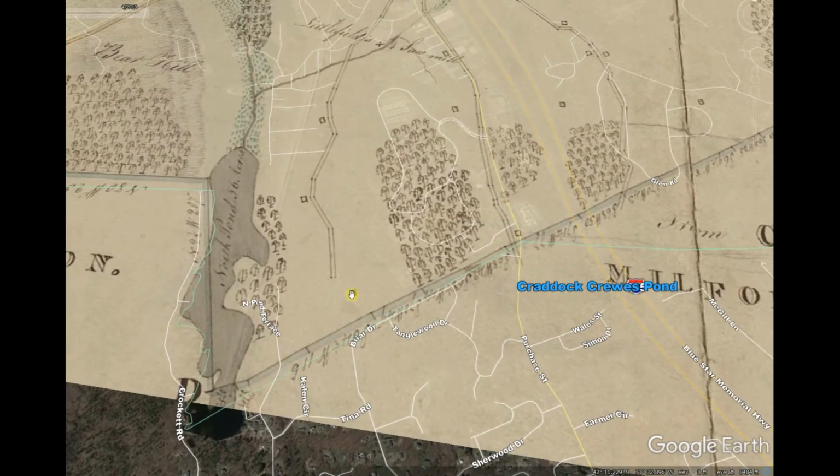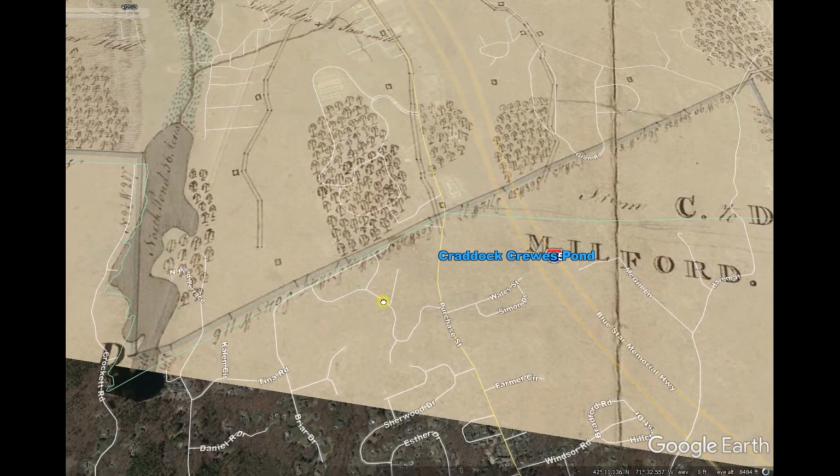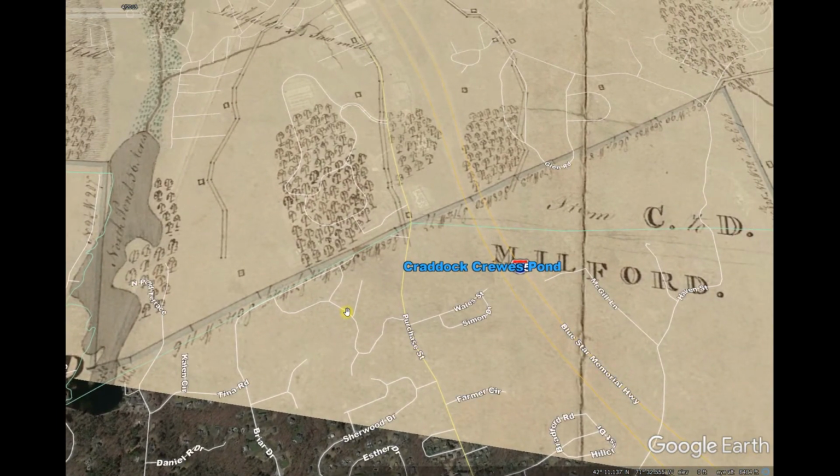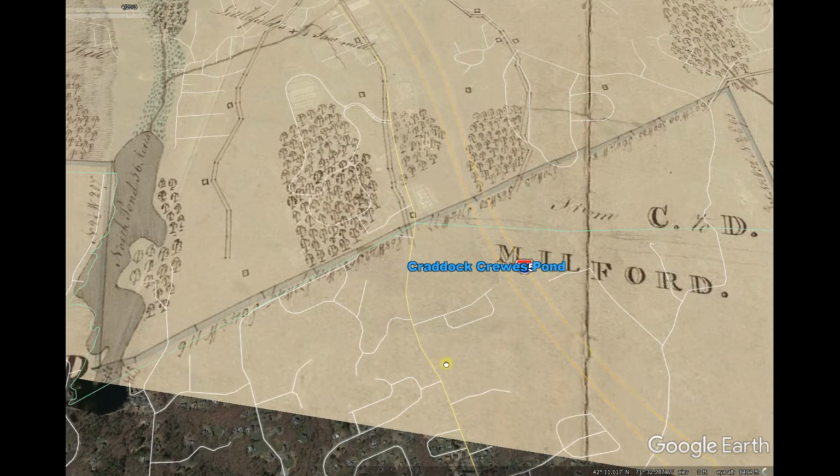So that's really cool. We can basically trace this property from the Chapins to the Nelsons and to the Ball family. And now we're going to talk a little bit about the Ball family. As we mentioned earlier, Josiah Ball Sr. was one of the original settlers of this area.